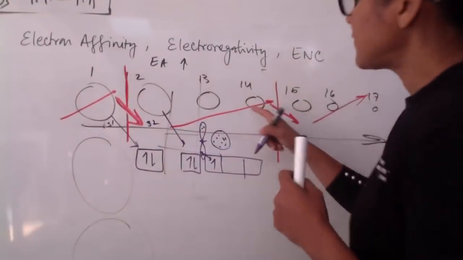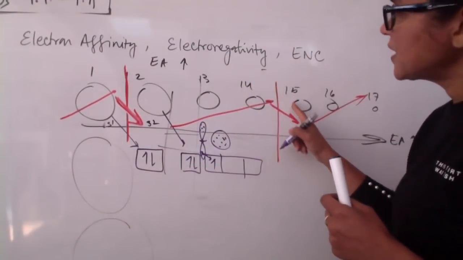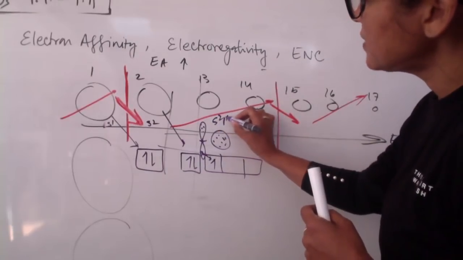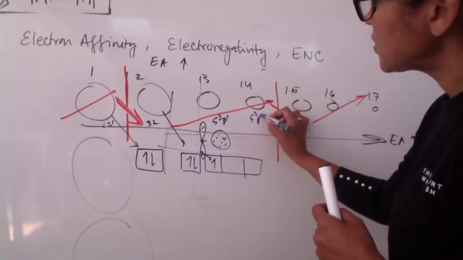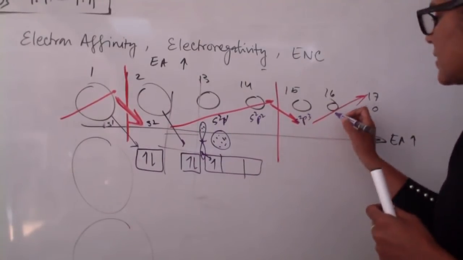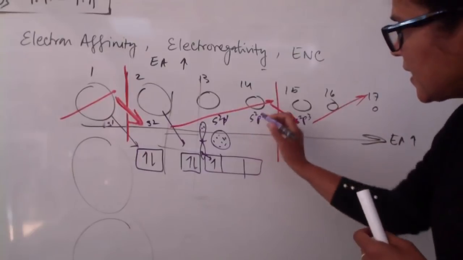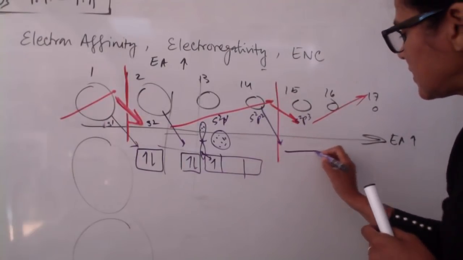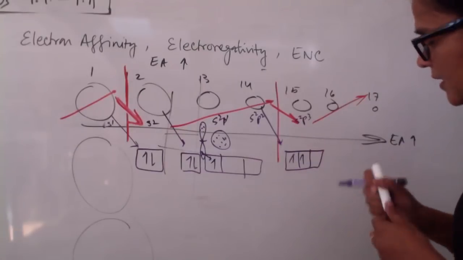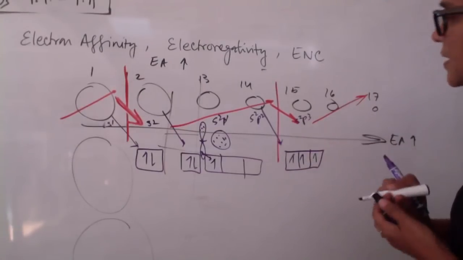Now, the second dip happens between groups 14 and 15. This is S2P1, S2P2, S2P3, and S2P4. When you add an electron in group 14, you're adding to the P sublevel.